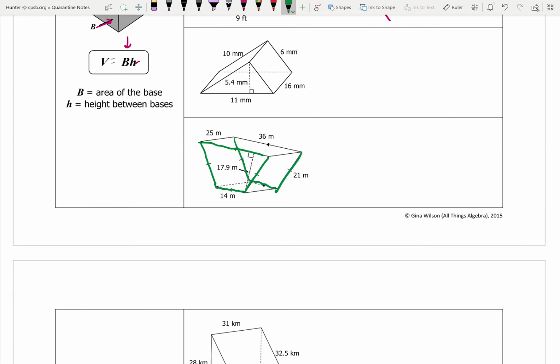So let's find the area of this trapezoid. It has a trapezoidal base, so capital B is equal to 1/2 times the height of the trapezoid, which is 17.9, times the sum of the two bases. So 36 plus 14 to give me 447.5.